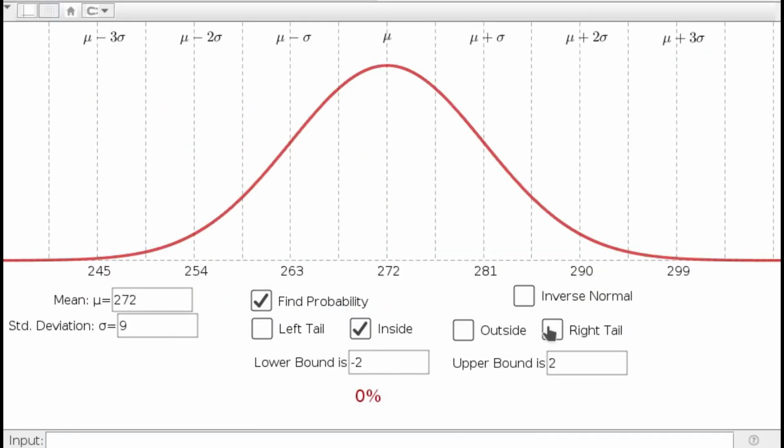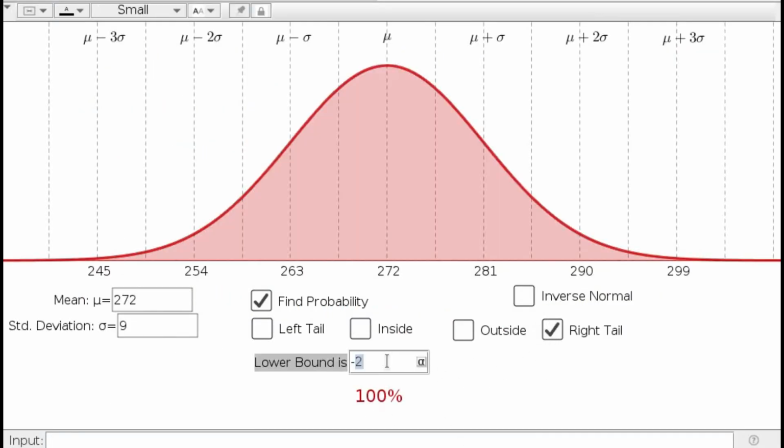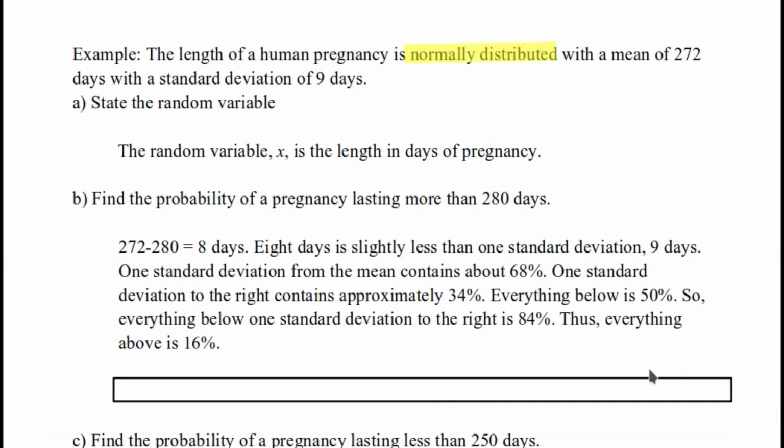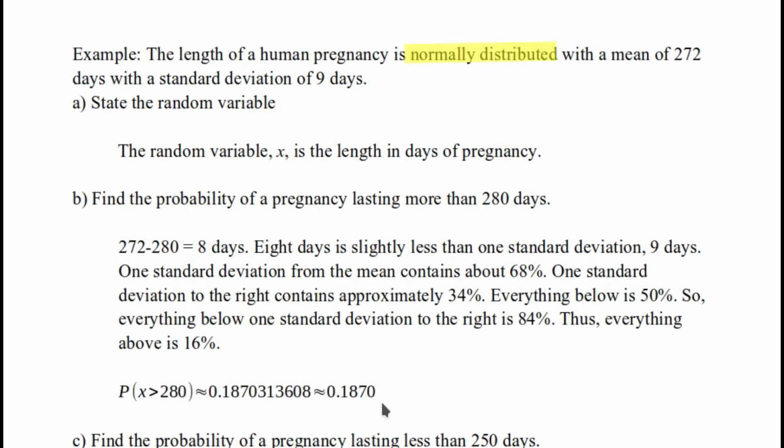So we want to be to the right of 280. So 18.7%, pretty close to using the empirical rule. Remember, our empirical rule told us about 17%. We worked through this using the normal distribution calculator and found about 18%.